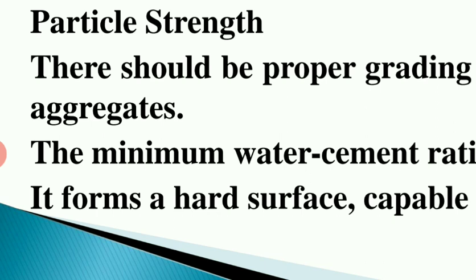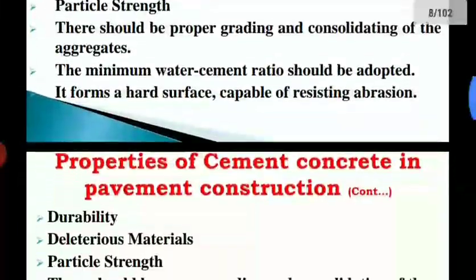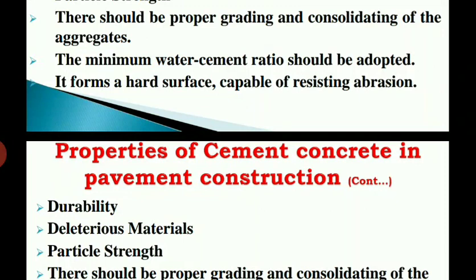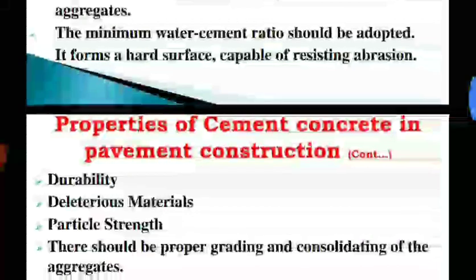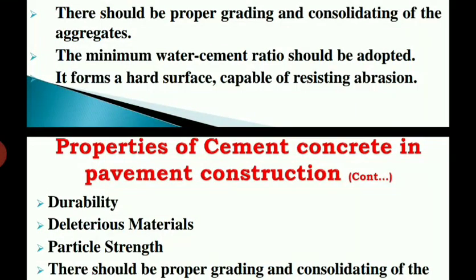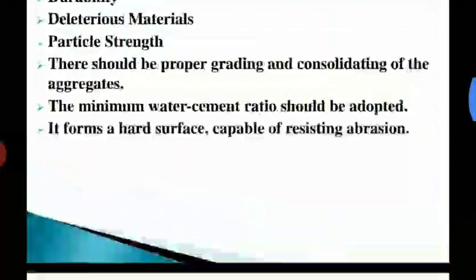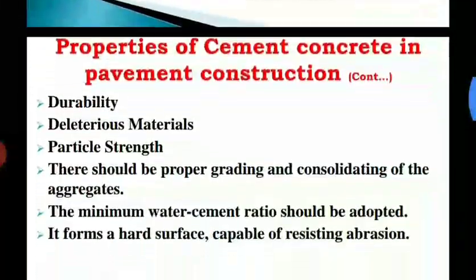Here there should be proper grading and consolidation of the aggregates, so that we can reduce the percentage of voids and provide a strong concrete layer without any voids. And a minimum water cement ratio should be adopted.